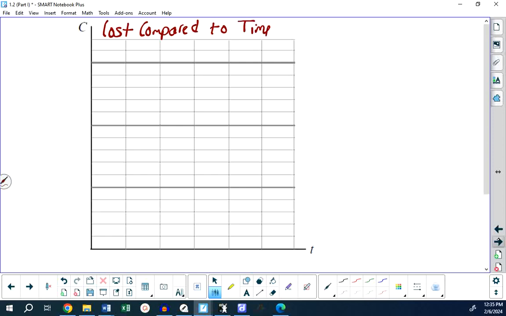Remember, it's always y compared to x. The other thing is we should label the axes. I know that you've got a C up there on your graph and a T here, but we need to write the word cost and then brackets and put the units. And down here we need to write the word time, brackets, hours.